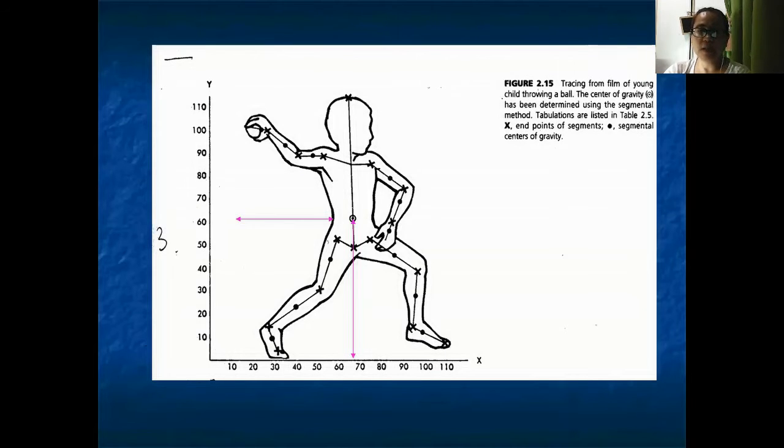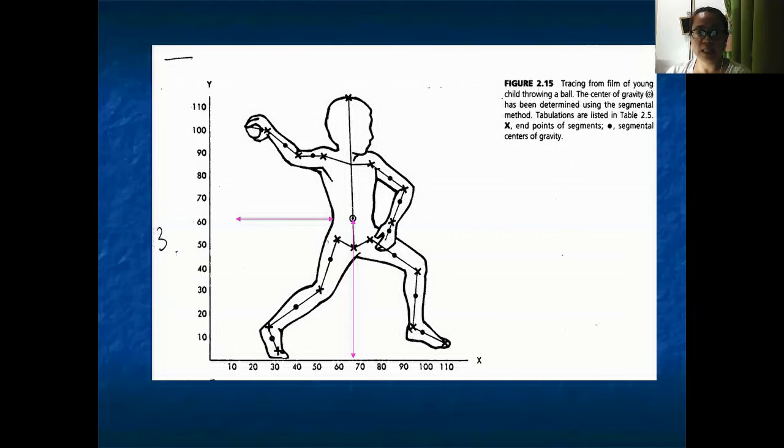This is an example of a little boy holding a ball. This is the qualitative analysis. You are tracing the certain movement. The boy is lunging forward with the left hand in front.